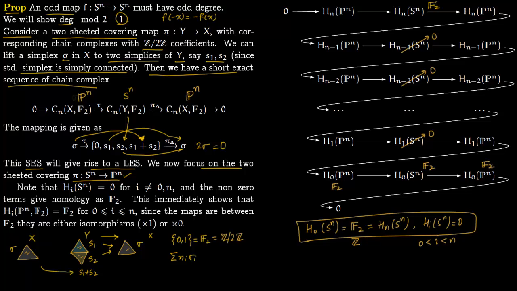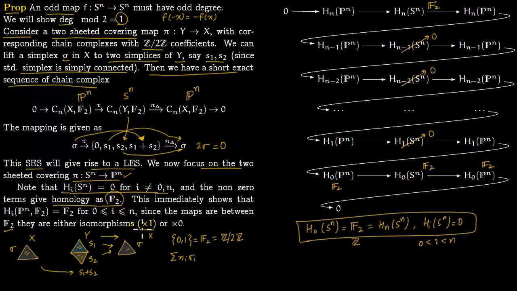Again notice that Hi of Sn is 0 for i not equal to 0 or n, and the non-zero terms give homology as this. So now from here we can show that for every i from 0 to n you have this F2 as the homology. Obviously since we are working with F2, the maps are either multiplication by 1 or multiplication by 0.